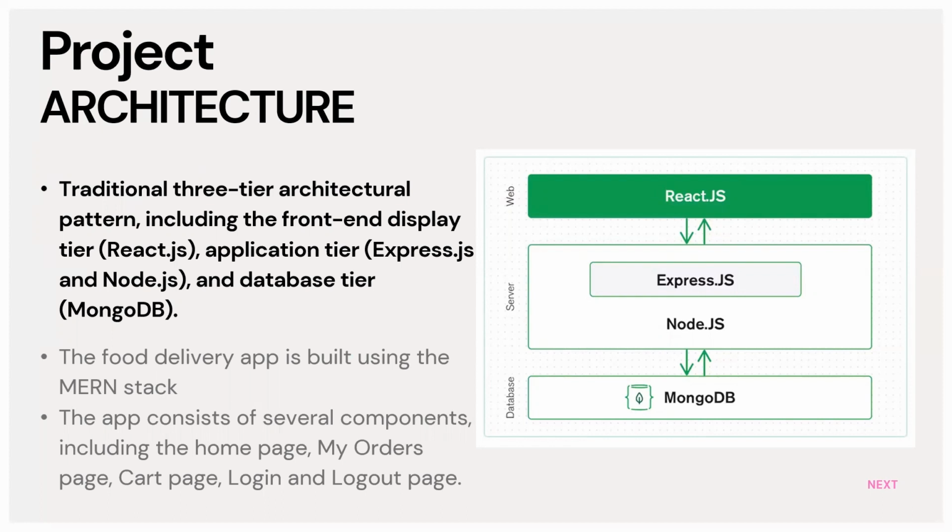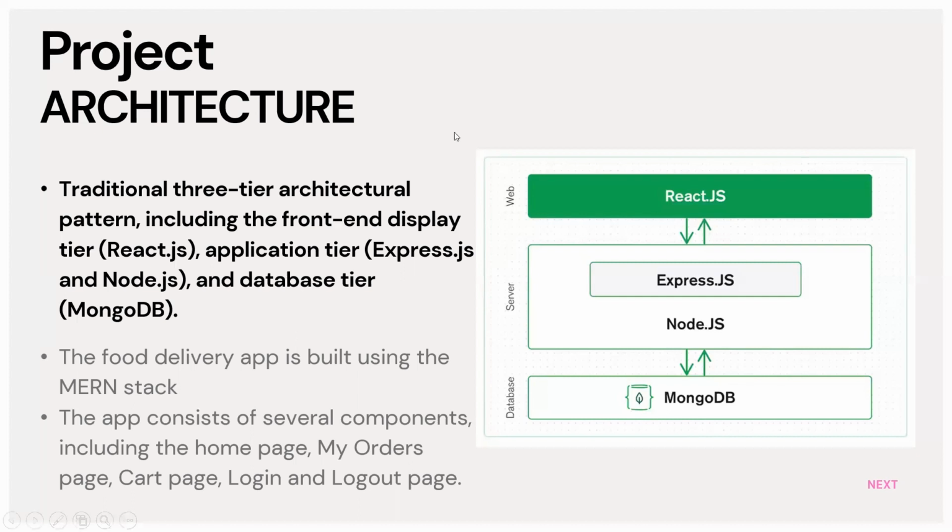The food delivery app should have components like my order history, which should retrieve data from the database, which is MongoDB. We use MERN Stack because of its high reliability.